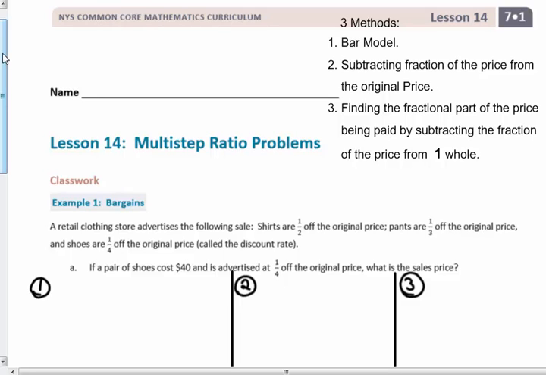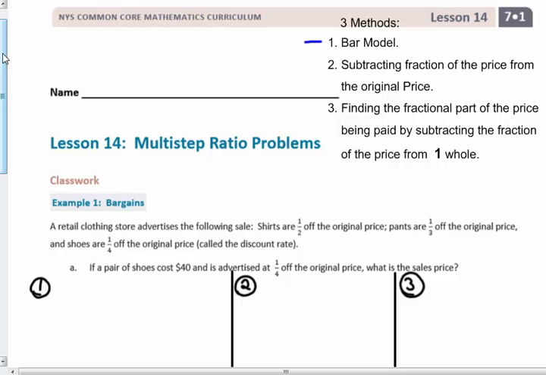So for multi-step ratio problems, there are options that you can use to solve these. We've worked on bar modeling, as you can see, number one here. I'm going to show you one way that you could subtract the fraction from the original price and actually do the multiplying and then subtracting.